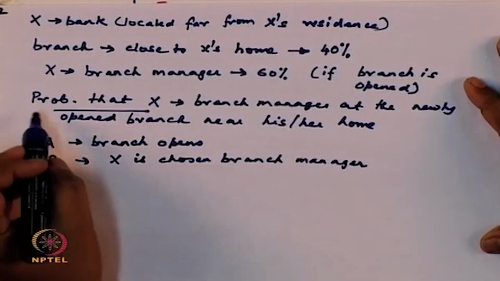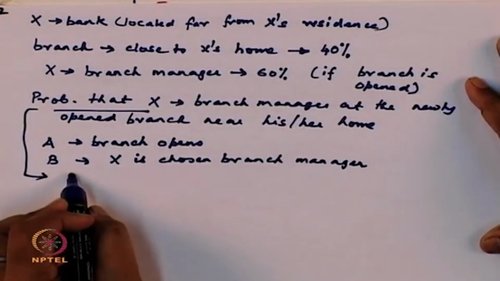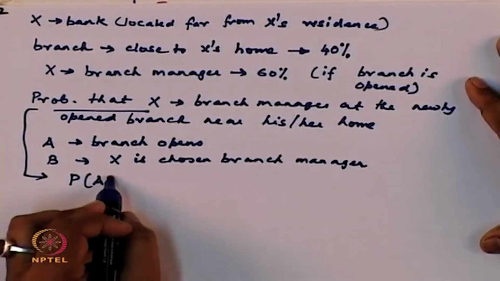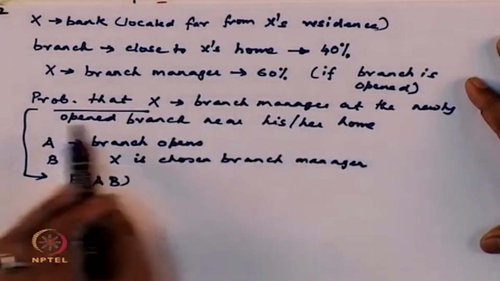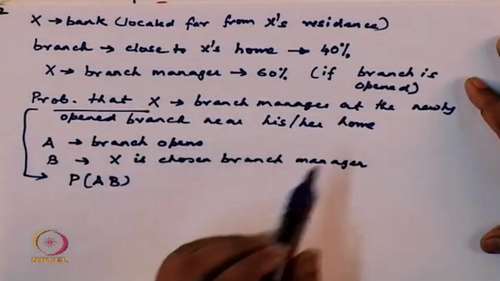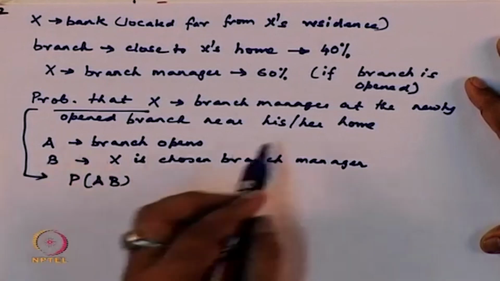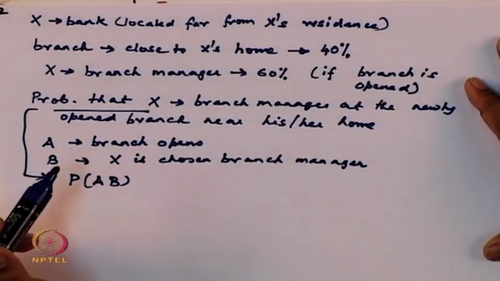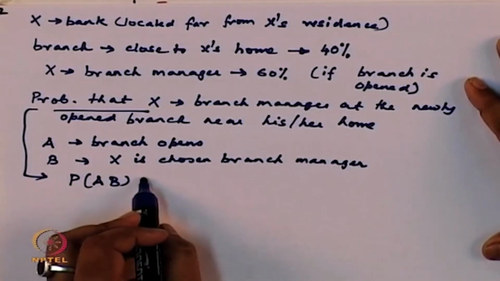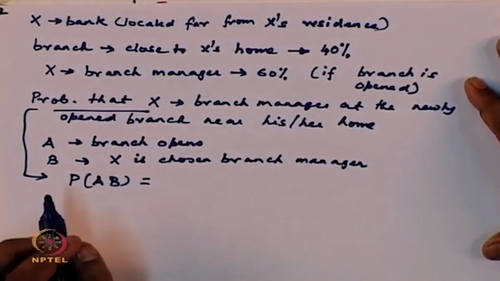What we have to calculate here is probability of A and B, which means that the branch has been opened and he is the manager there. So, how will I use conditional probability to solve this problem?